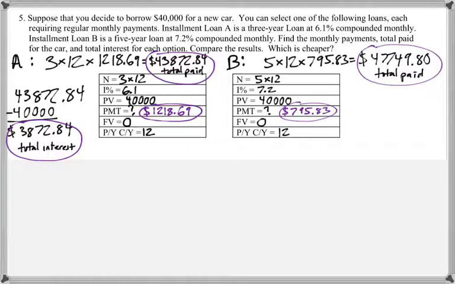So then to find the total interest, I want to take that amount and subtract the amount of the loan.